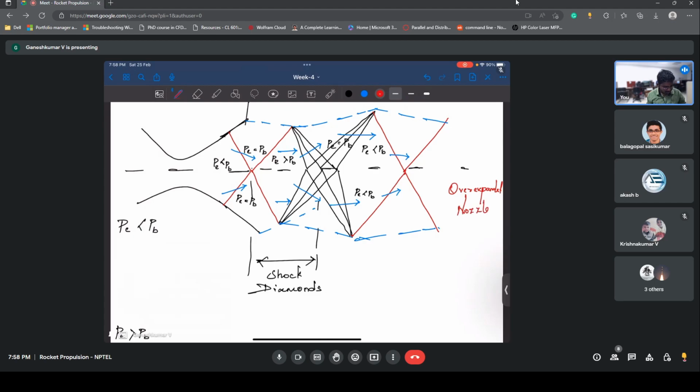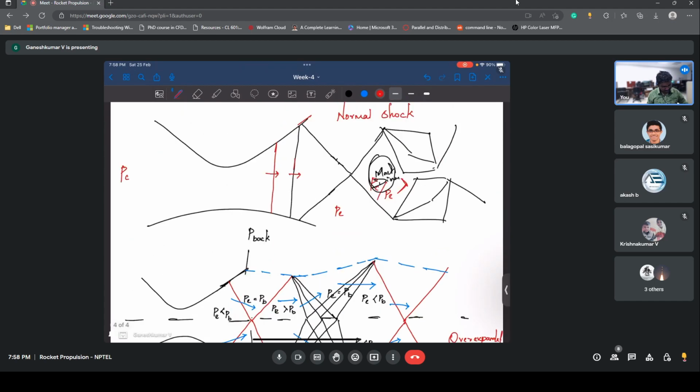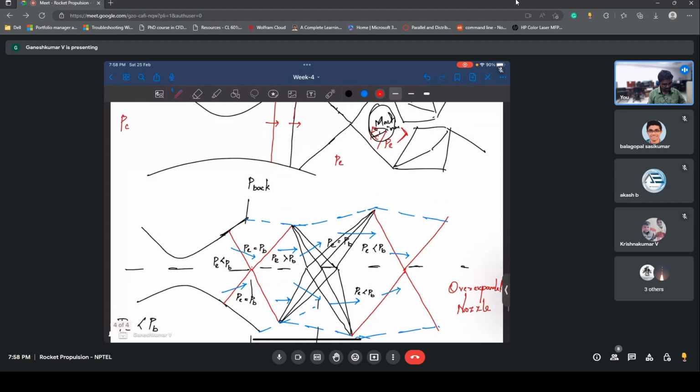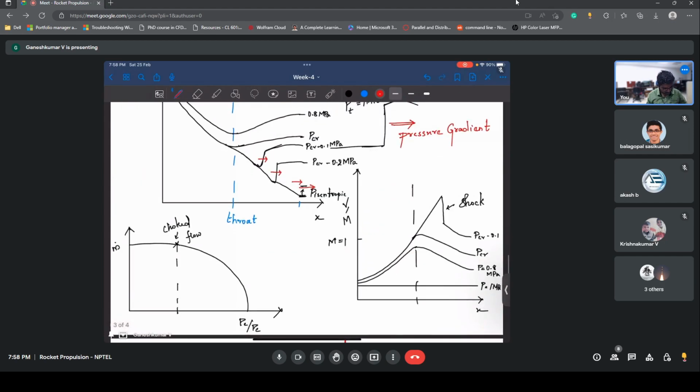Now let's say all this process happens in our thought experiment, and then you keep on reducing and you reach the isentropic pressure where all these shock diamonds will be absent and the flow goes on. But it is very sensitive to that, so you will always have shock diamonds.